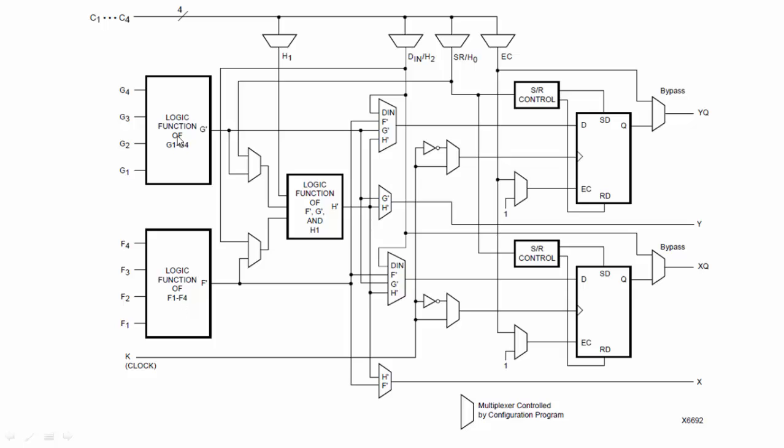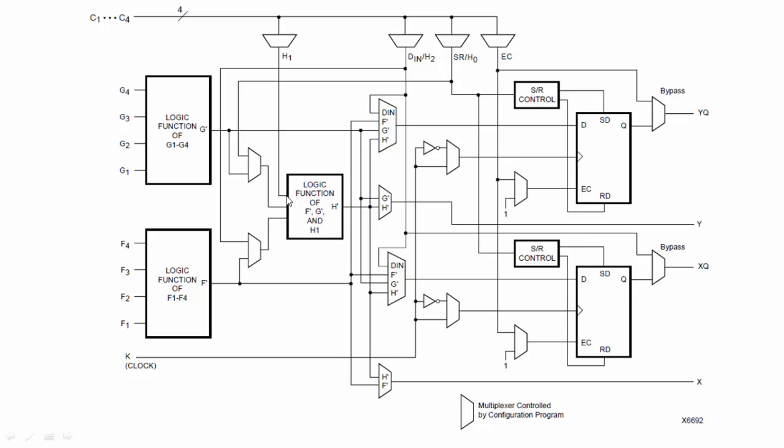What circuitry will be there inside the function generator so that it performs any logic function that I need? This is the question that we are going to see a bit later, but for now you understand that the function generator can perform any operation and their outputs are available at G dash and F dash. Right.